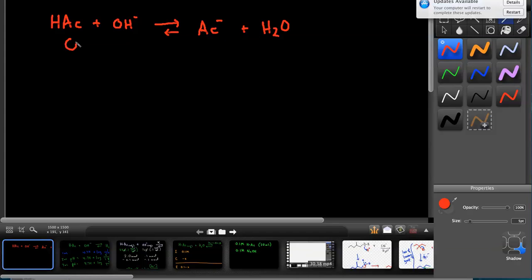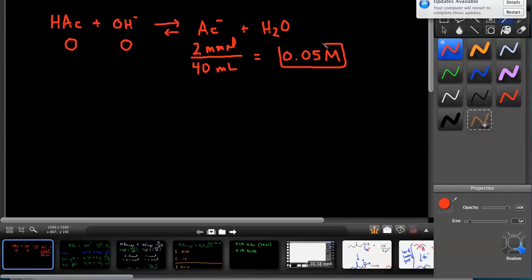There is 0 acetic acid, there is 0 NaOH, there is 2 millimoles in a volume of 40 milliliters, giving us a concentration of acetate of 0.05 molar. So it is the hydrolysis of this salt that now controls the pH of our system.